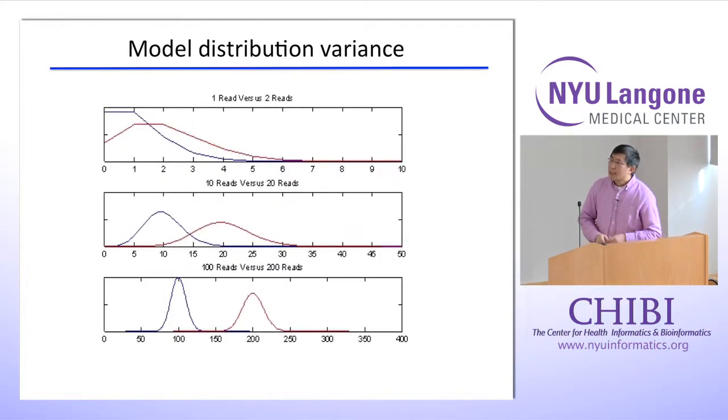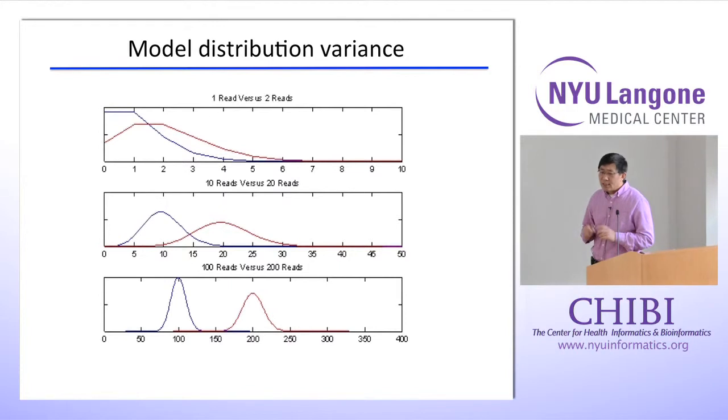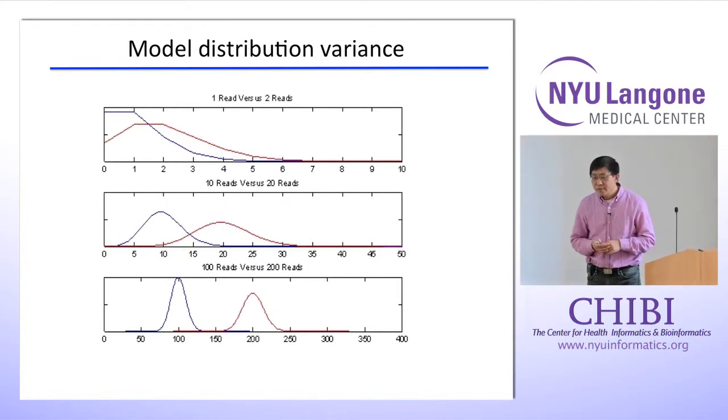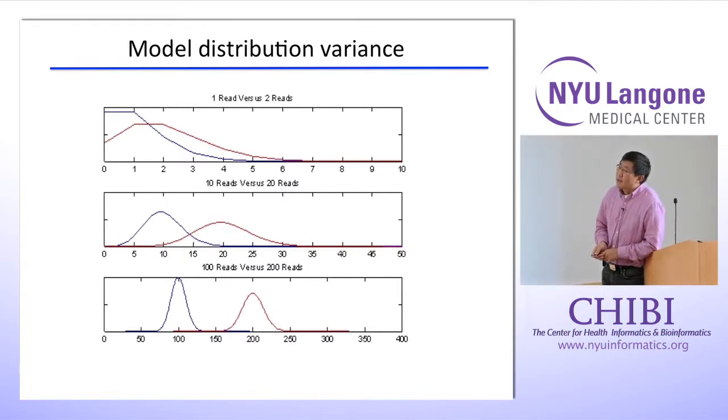We know gene expression data, especially sequencing read data, follows what's called a Poisson distribution. With the Poisson distribution, when the reads are low, the uncertainty becomes much, much higher.